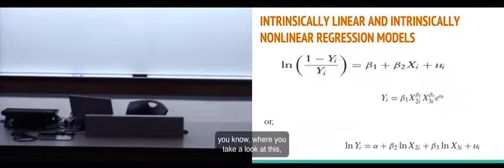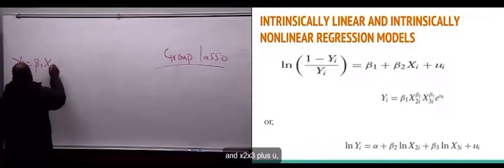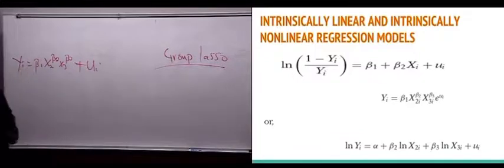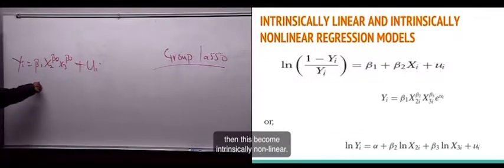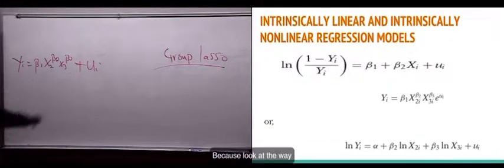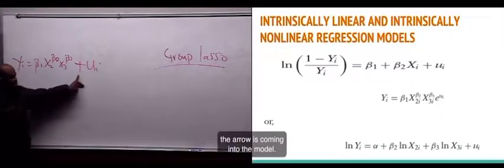But let me tell you this. When you take a look at this Cobb-Douglas, consider the way error comes into the model. If I have y_i equals beta 1, x2 to the power beta 2, x3 to the power beta 3, plus u_i, then this becomes intrinsically non-linear, because there's no transformation that would make this linear, given the way the error is coming into the model.